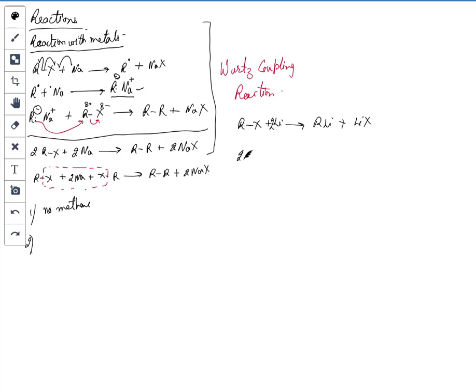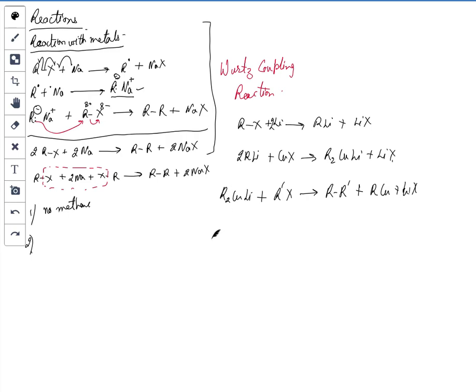In this, 2RLi reacts with CuX to form R2CuLi along with LiX. Clear? Now this R2CuLi is allowed to react with another alkyl halide wherein it gives us RR dash plus RCu plus LiX.